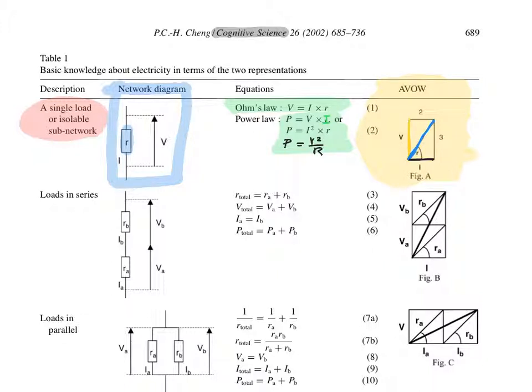It also lets us talk about power as if it were area, because one of our power formulas is voltage times current, or the vertical axis, or the vertical length times the horizontal length. So I can treat power as if it were an area.